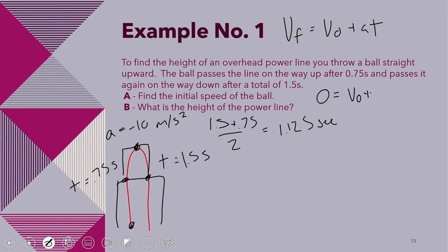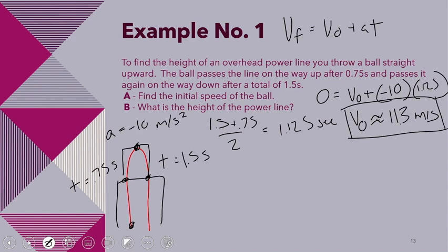It's equal to the initial velocity plus acceleration times time. And you do a little bit of solving, and you get that your initial velocity was around 11.3 meters per second.